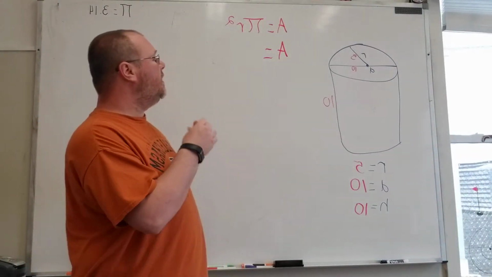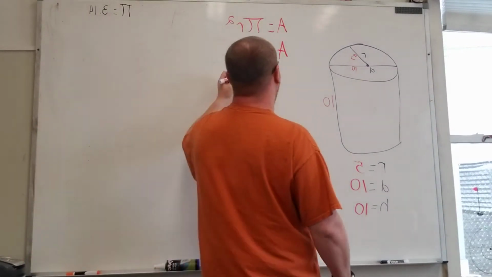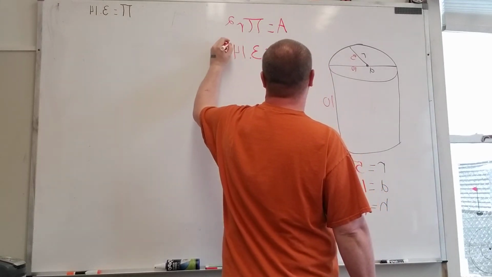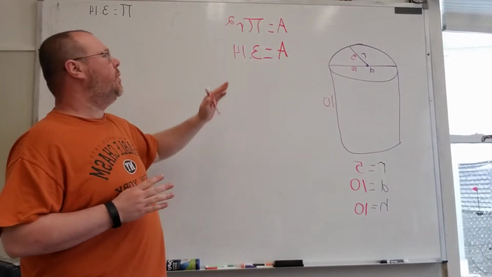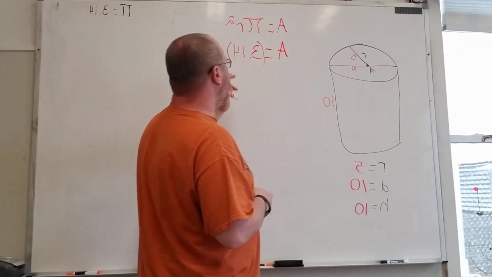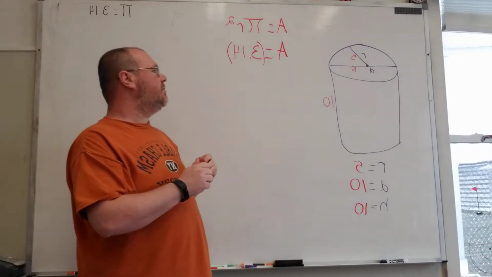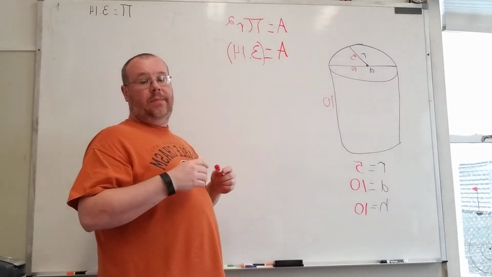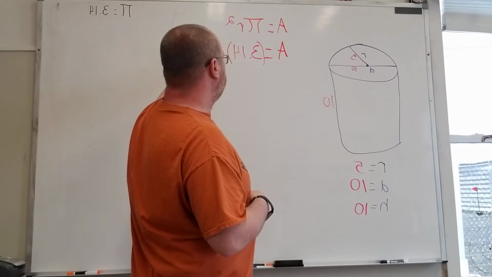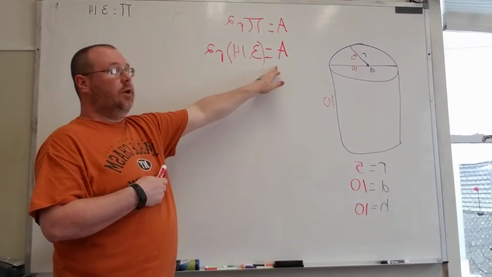So we plug in the value of pi. We're going to replace the pi symbol with 3.14. We're going to put it in parentheses because we want to separate it from the radius. What does it mean when we put parentheses around our numbers? It means we multiply. So we're going to bring down the radius squared. All right, we still don't know what area is.